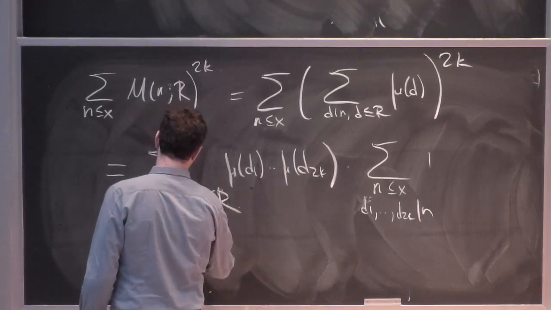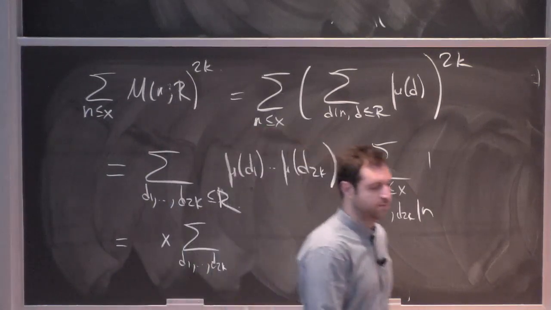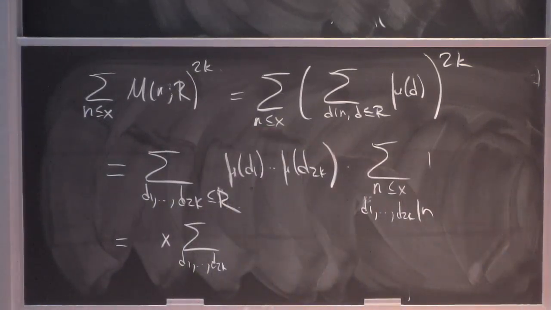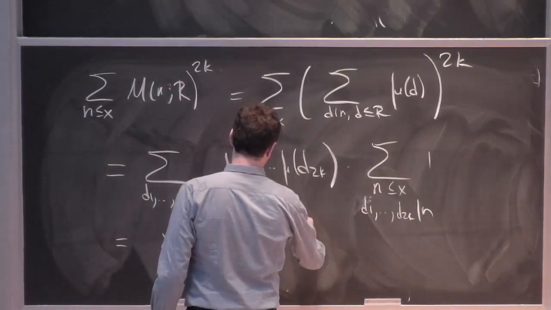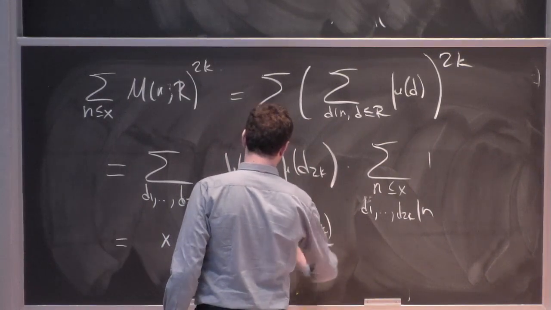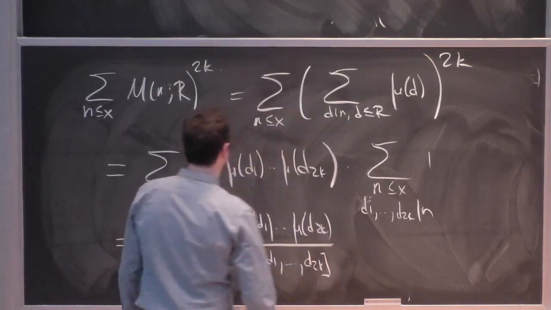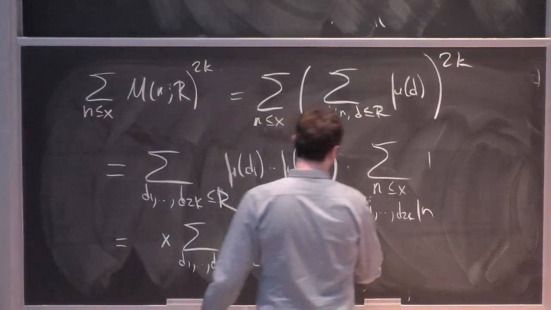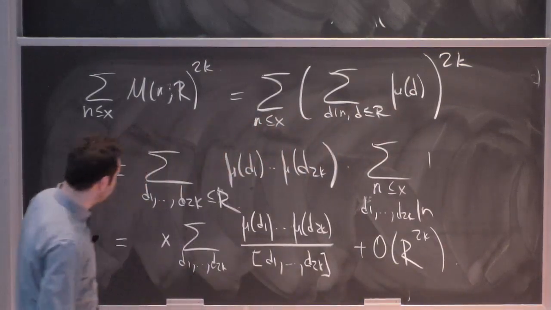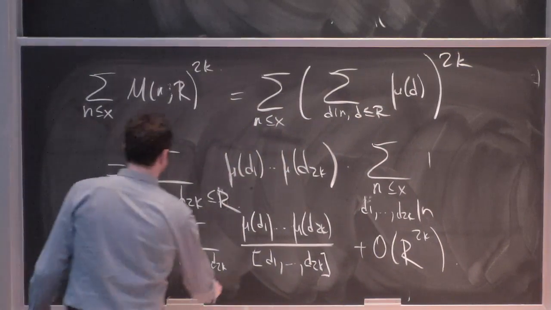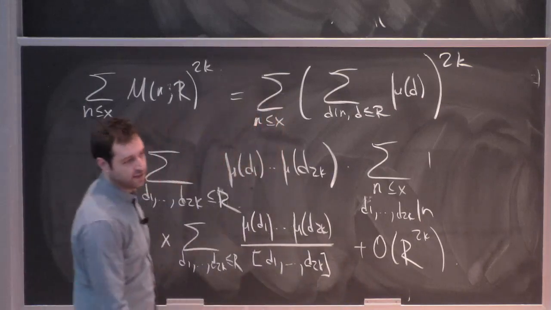So this equals x times the sum of the, sorry, these variables over the LCM plus big O of r to the 2k. So as long as x is a bit bigger than r to the 2k, this is fine. Yes?